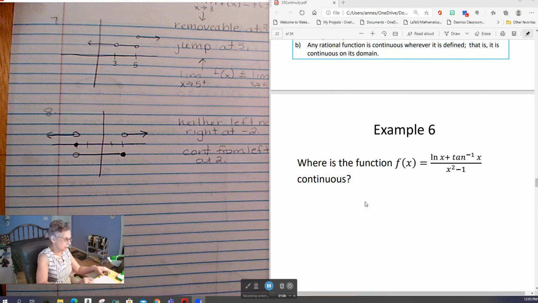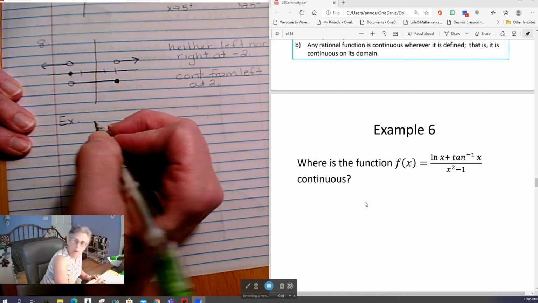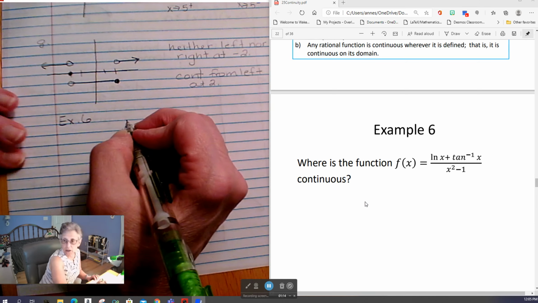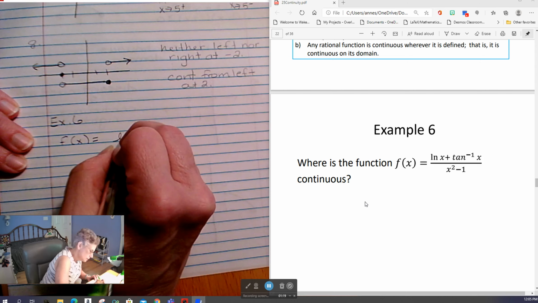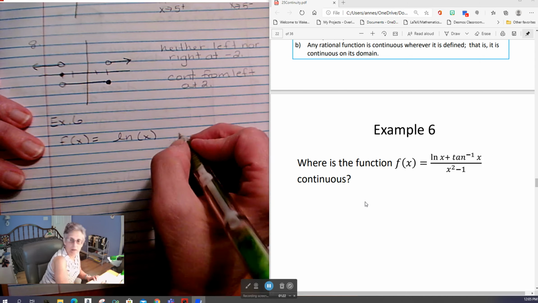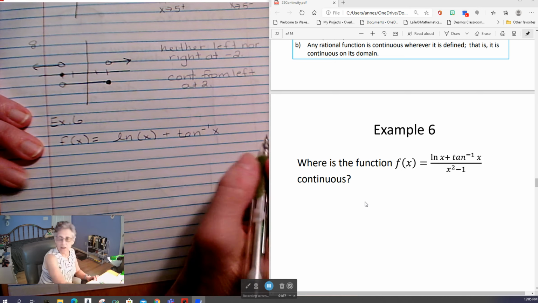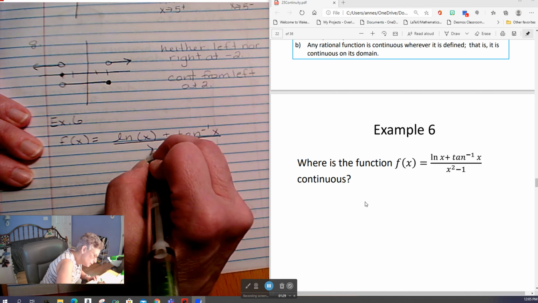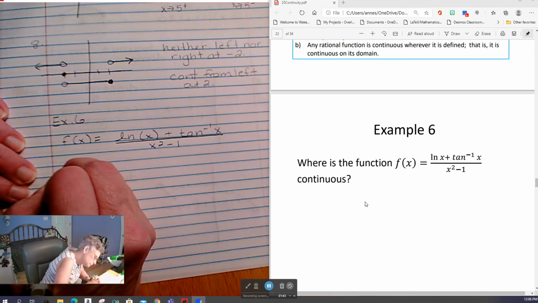Now let's look at example 6. We want to know where this function is continuous: natural log of x, inverse tangent of x over x squared minus 1. So first thing I look at is the domains of each of these functions.